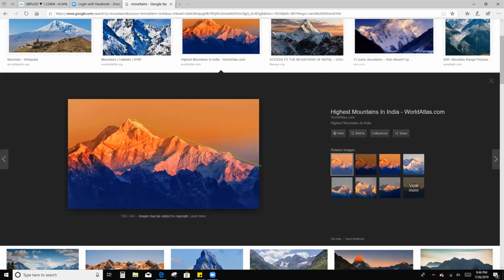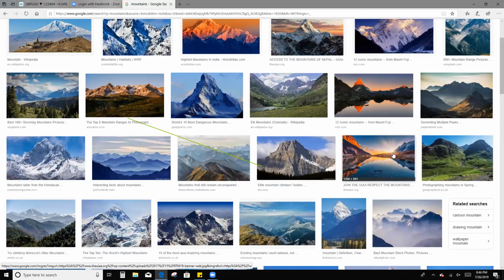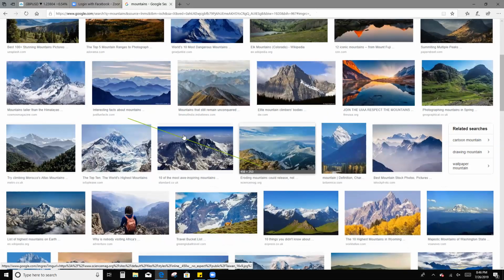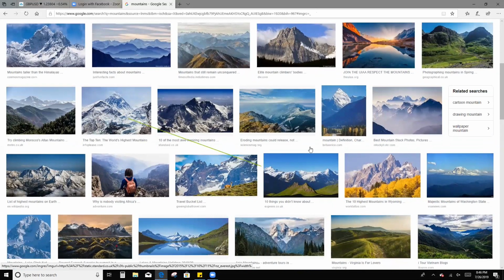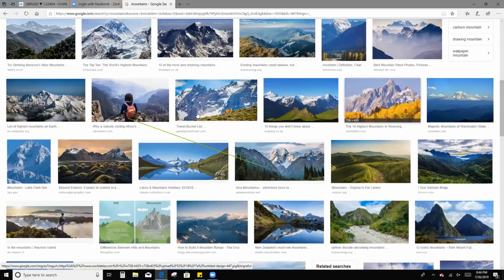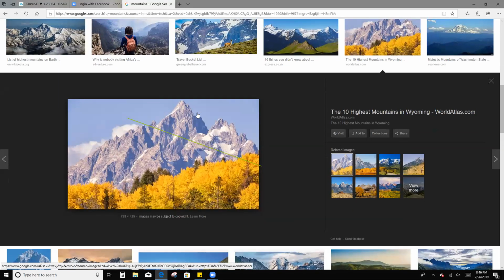Now, for an uptrend, let's see if we can find an upward mountain, because it's the same thing on an uptrend. Here we go, check this out. On an uptrend, your peaks are going to be at the very, very top. That's how you're going to identify your trend.